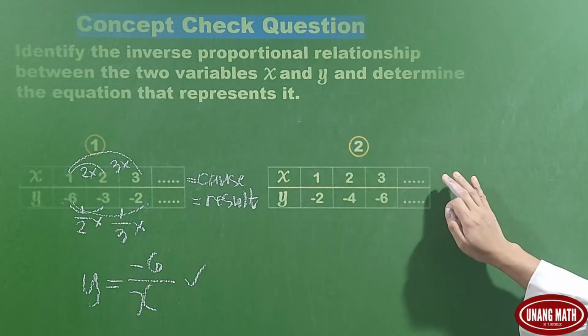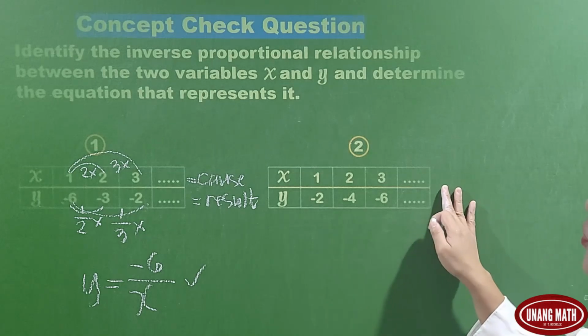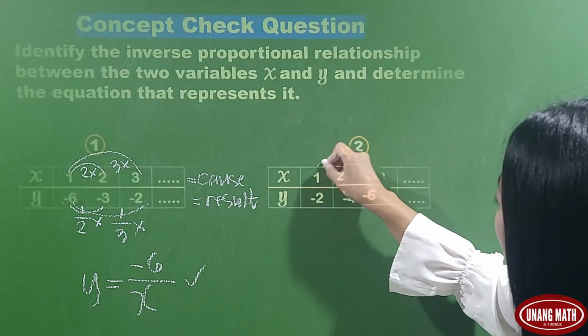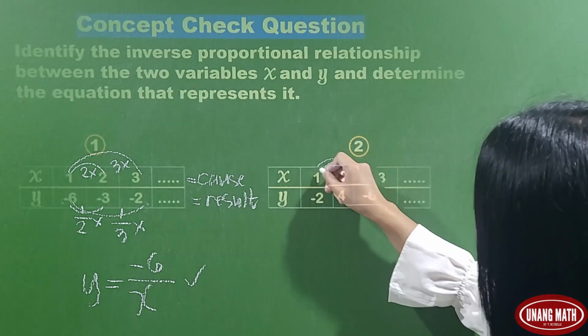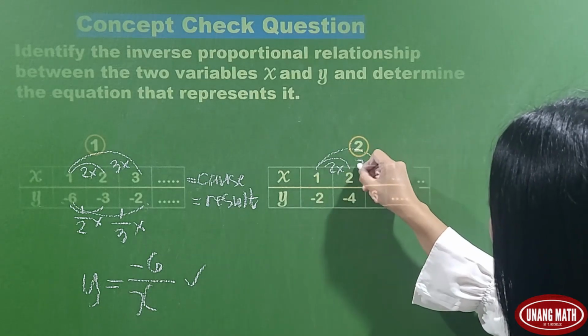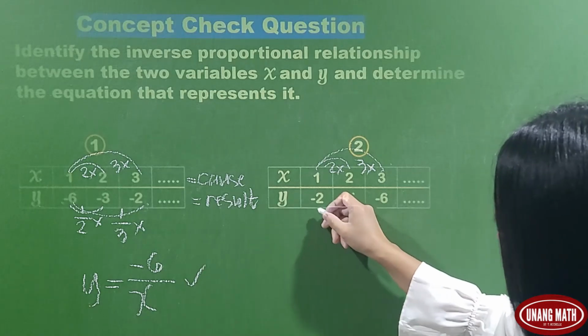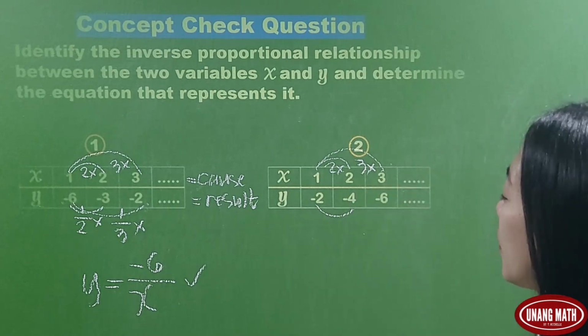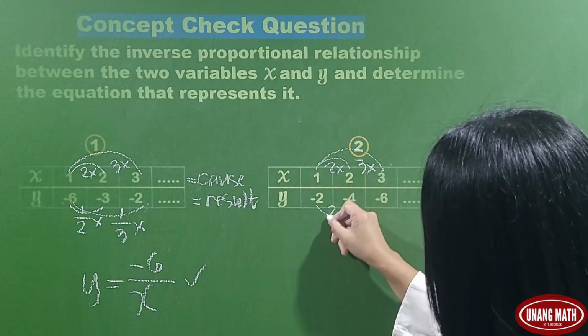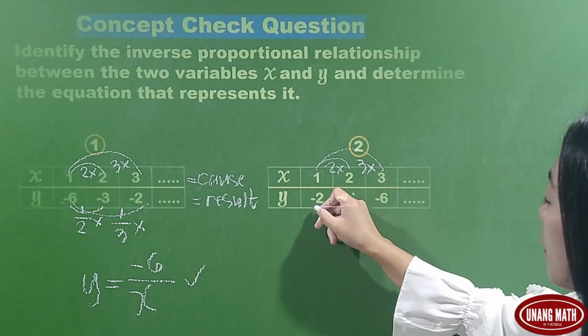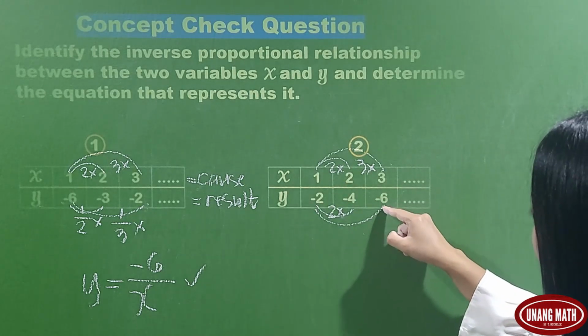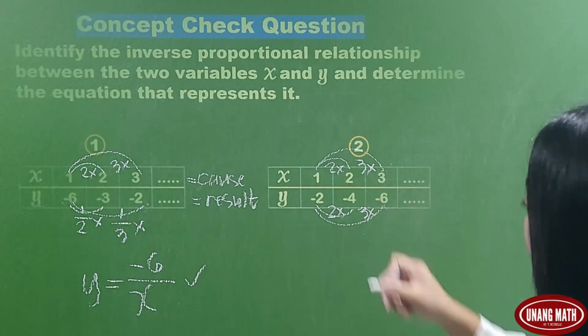Now, what about this number 2 table? From 1 to 2, this is 2 times. From 1 to 3, that is 3 times. What about the y quantity? From negative 2 to negative 4, that is also 2 times. From negative 2 to negative 6, that's also 3 times.